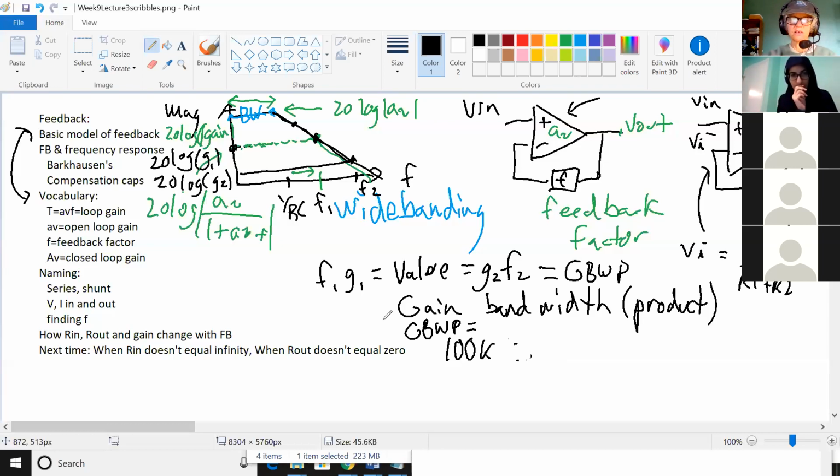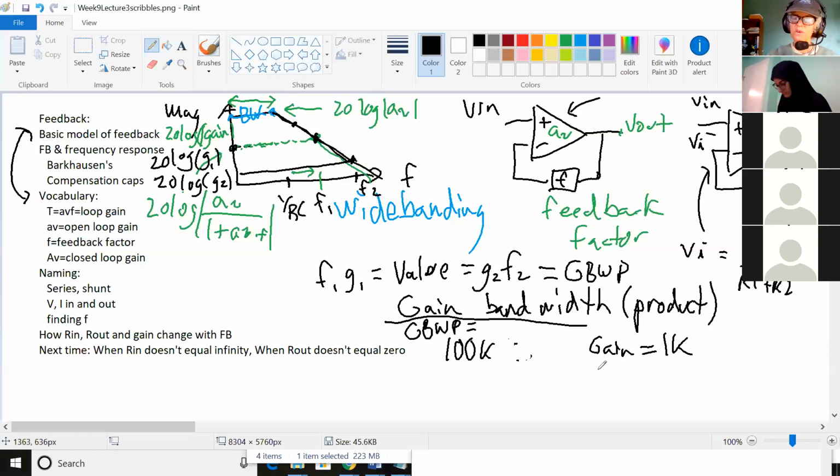So let's say the data sheet gives you a gain bandwidth product of 100K, and you're designing for a specific application, and your boss tells you it has to have a gain of 1,000.